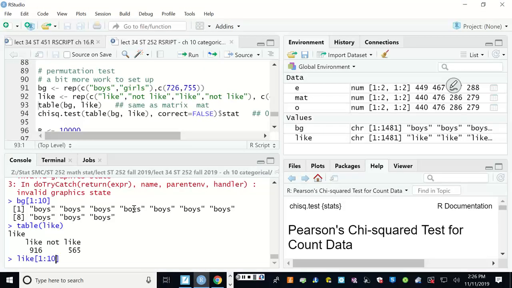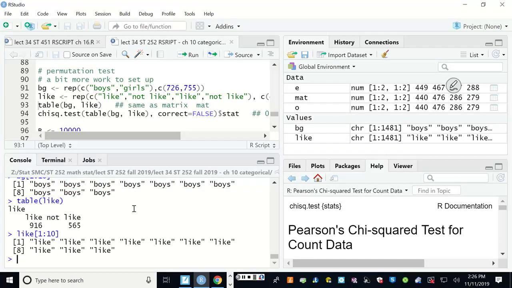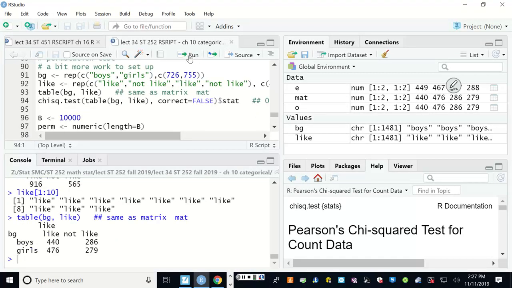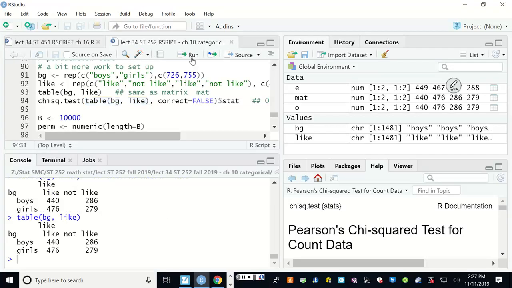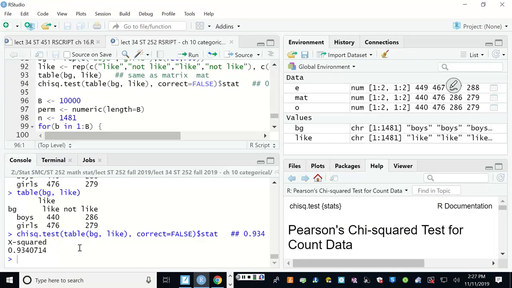Like, the first 10 values of like are all like because there's a whole bunch of those. Eventually there'd be not like, and then it's going to repeat. If you table those, it matches our data. And if you did a chi-square test of this table of these two variables, it will give us our chi-square statistic.